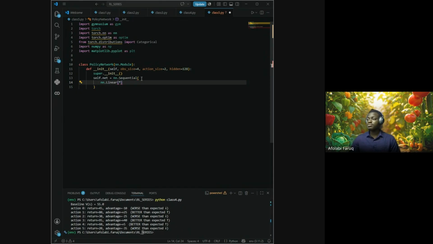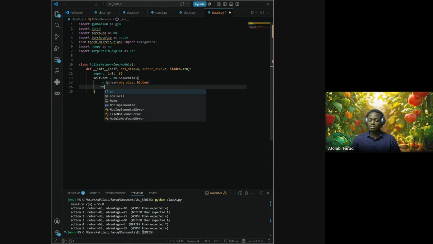Don't forget that at the input layer we have four inputs, which we are going to look at. You define that here with obs_size as observation size, and then the output as the hidden layer, and then we have the activation function like I mentioned.